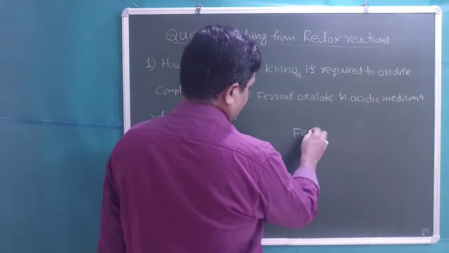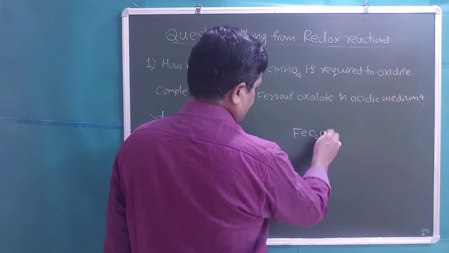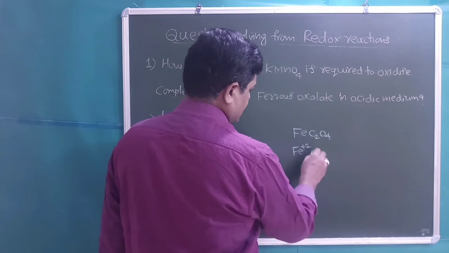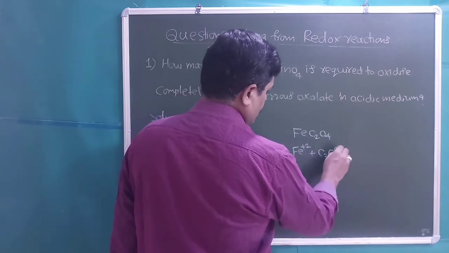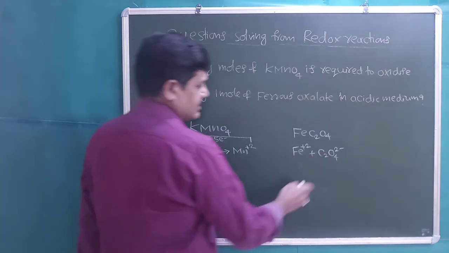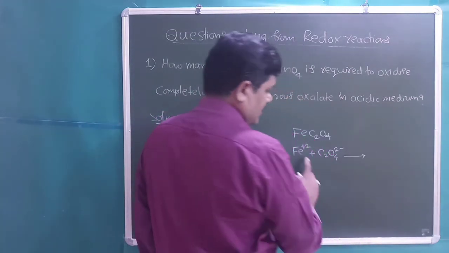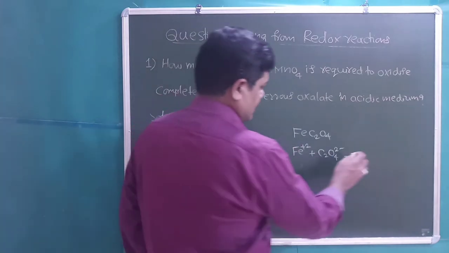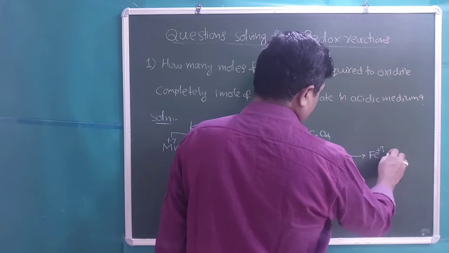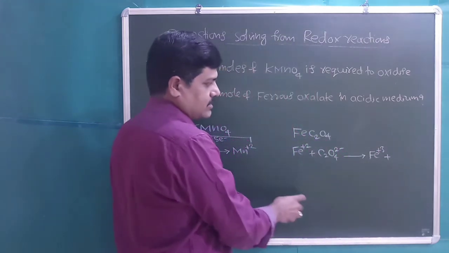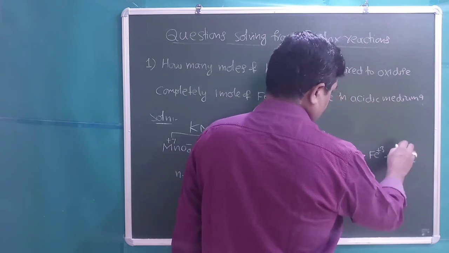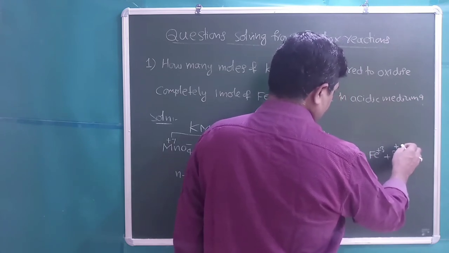Ferrous oxalate, FeC2O4. In ionic form we can write it as Fe plus 2 plus C2O4 2 minus. In this case, both the elements will undergo oxidation. Fe plus 2 will convert into Fe plus 3. Meanwhile, the oxalate ion is oxidized into carbon dioxide, 2CO2. For 2 carbons, the oxidation state changes from plus 6 to plus 8.